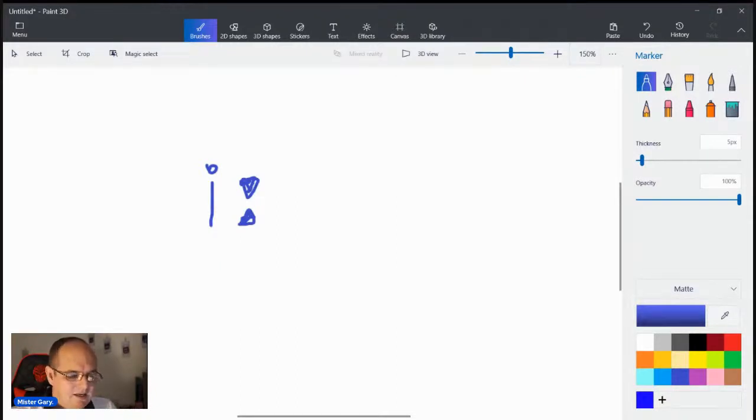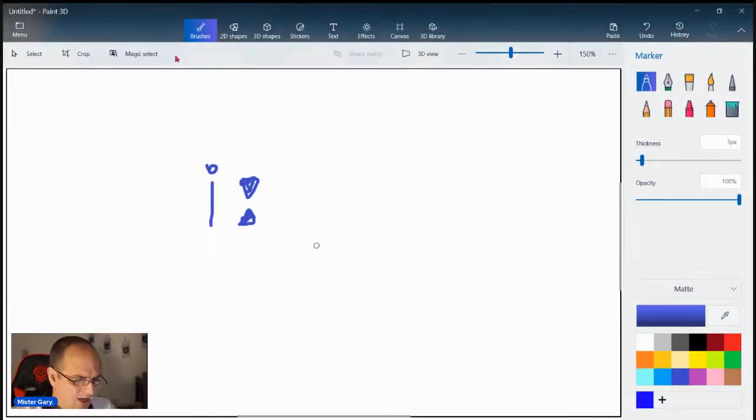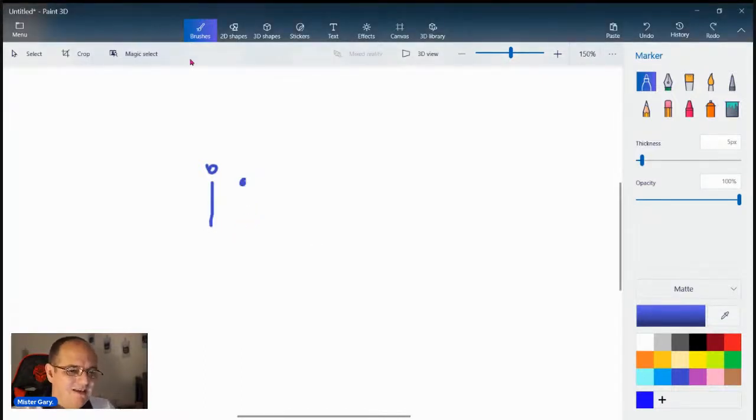Okay, Mohammed Ismail said the schwa sound, so he's got the schwa sound correct. He knows about that schwa sound. But can Mr. Gary draw the schwa sound? That's the question, isn't it? Let's have a look. Well, it's a back to front E sound. It's a back to front E letter, isn't it?